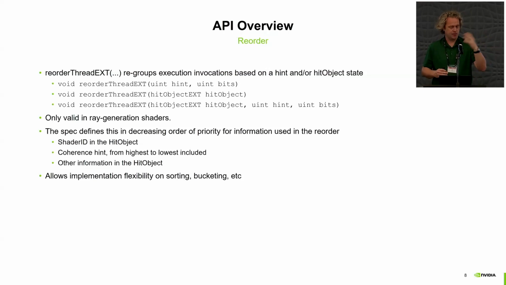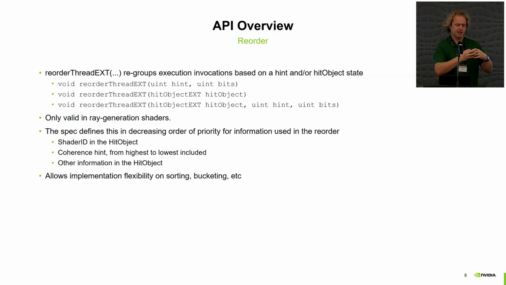And then after that is any other information that the implementation sees fit to include from the hit object. That could be sublocation within the acceleration structure. It could be a geometric hash, whatever the implementation sees fit to use in its internal sorting. And the specification isn't particular about exactly how the reordering works to give the implementation most flexibility.